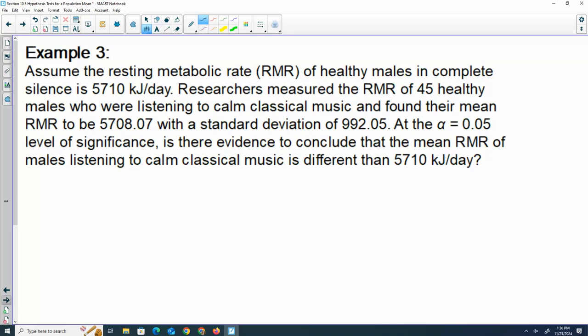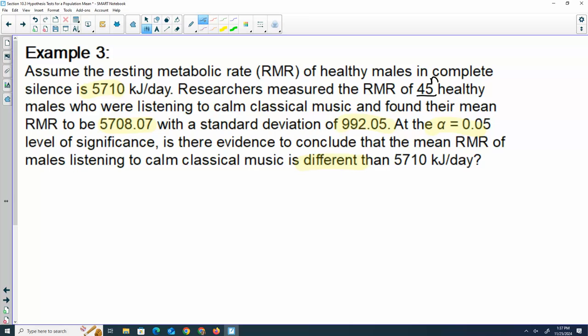Researchers measured the RMR of 45 healthy males who were listening to calm classical music and found their mean RMR to be 5,708.07 with a standard deviation of 992.05. At the alpha equals 0.05 level of significance, is there evidence to conclude that the mean RMR of males listening to calm classical music is different?